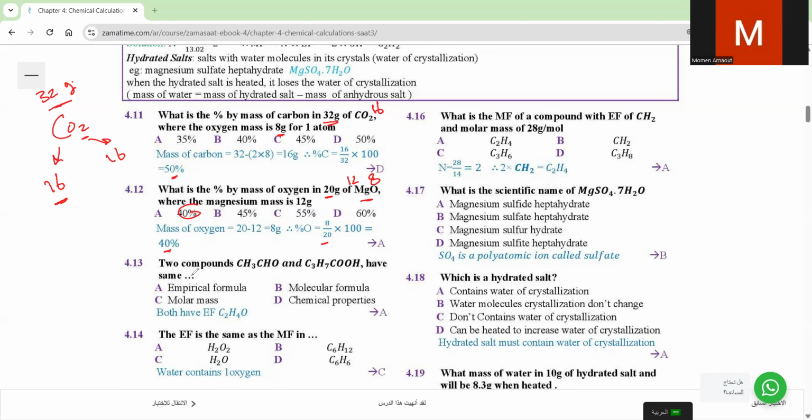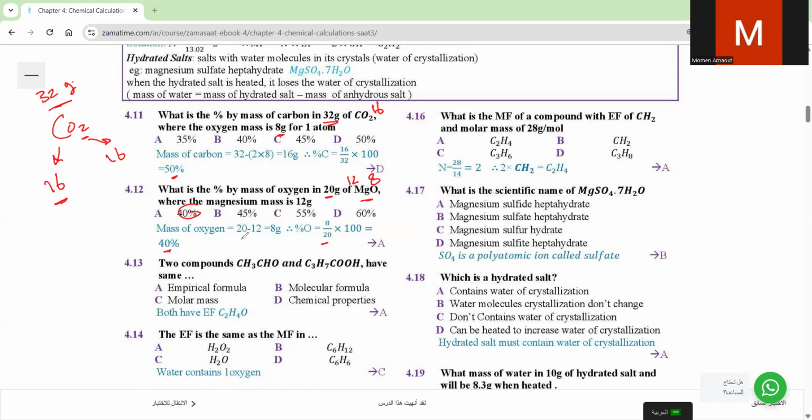Two compounds, CH3CHO and CH3CH2CH2COOH, have the same what? How can I compare their empirical formula or molecular formula? I should sum all the atoms by one subscript. To write the molecular formula, every atom should have only one subscript.